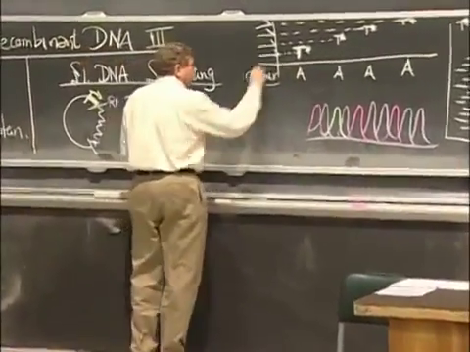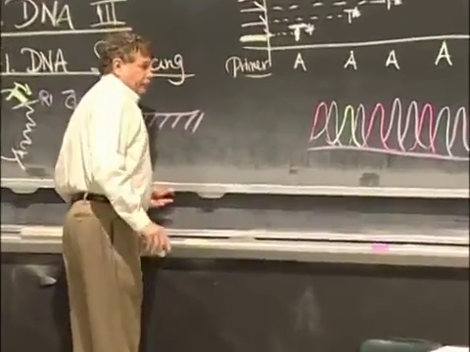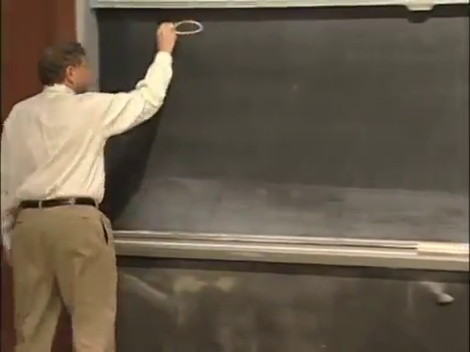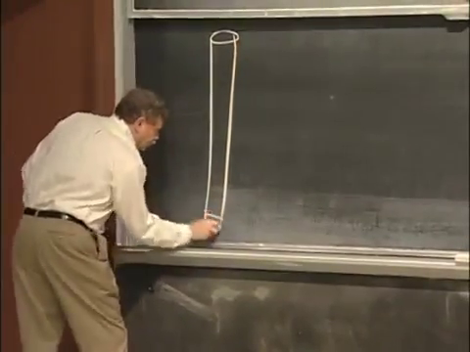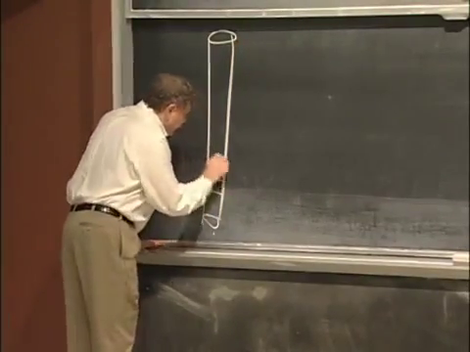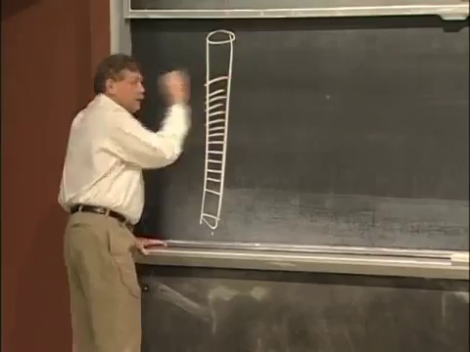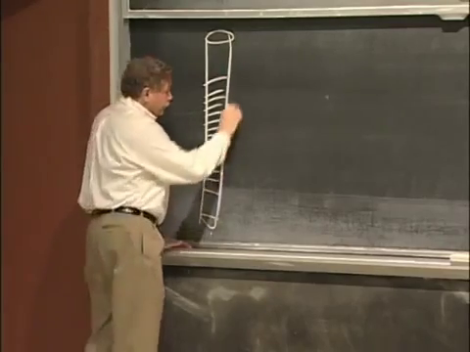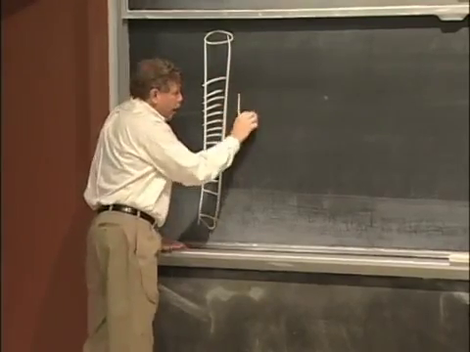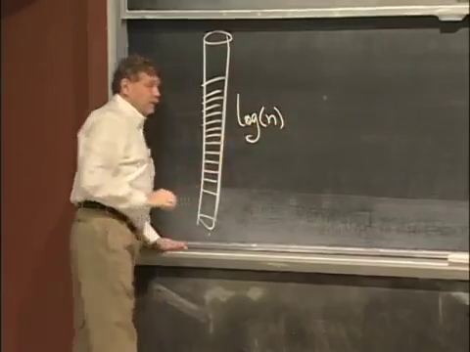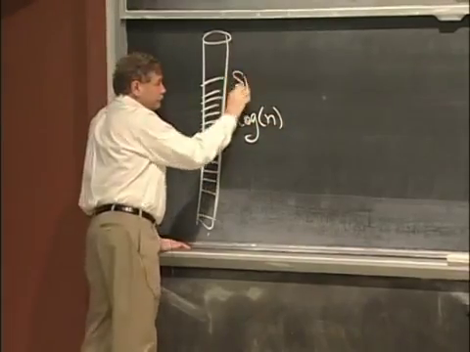All right, now, here's the problem. As I start sequencing, coming down this capillary tube are fragments of different lengths. The speed of migration depends on the logarithm of the length of the fragment.